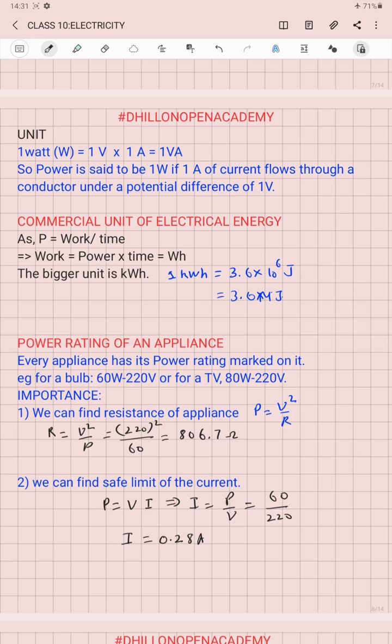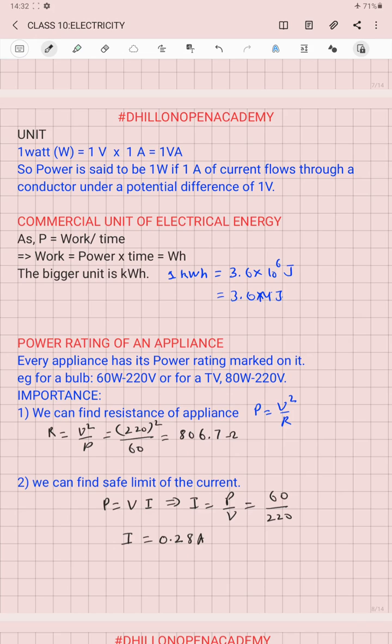So if a current up to 0.28 ampere is passing through the filament of the bulb, the filament will be producing a sufficient amount of heat energy and light energy such that no harm will be done to the filament. But if a current greater than 0.28 ampere is passing through it, then the filament will start producing more heat energy, which will increase the temperature of the filament, and it may reach its melting point.